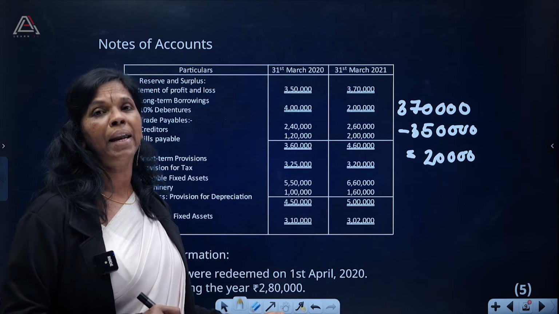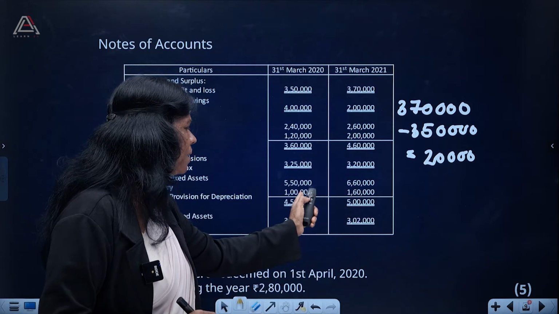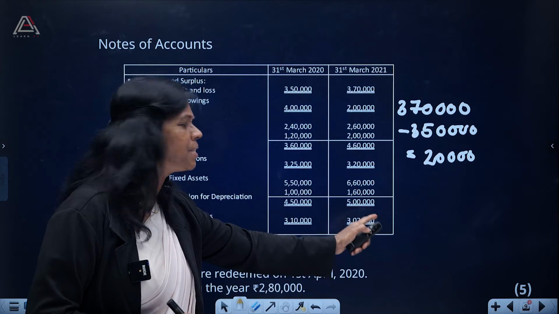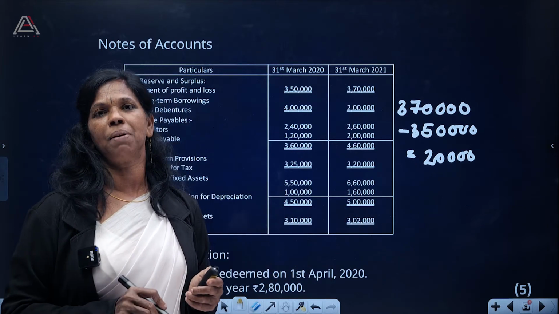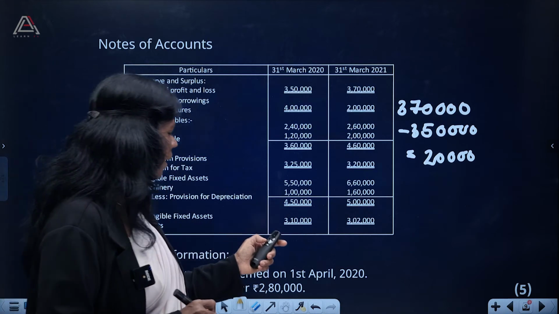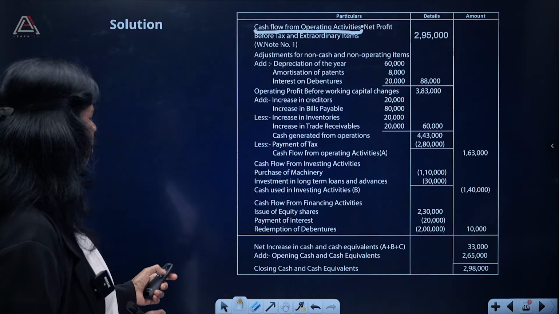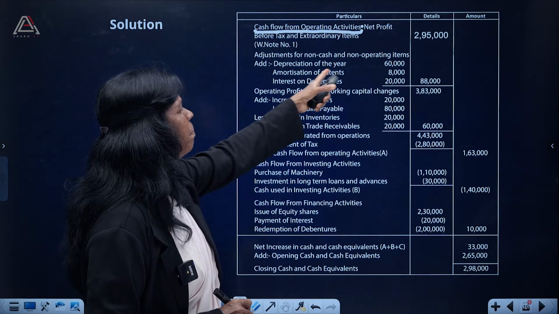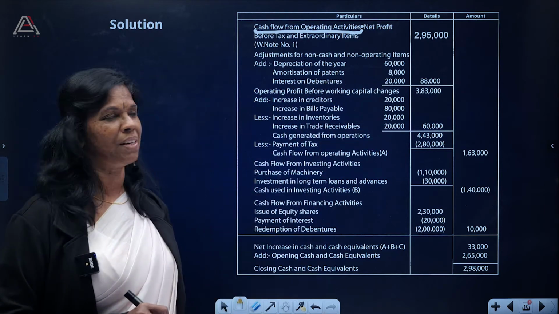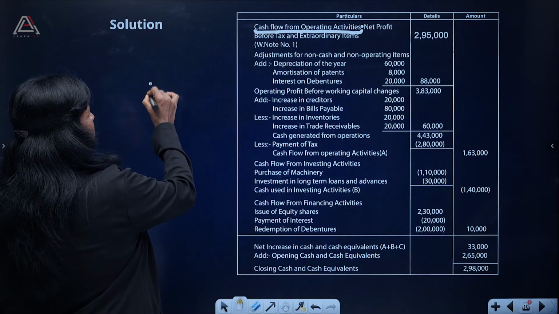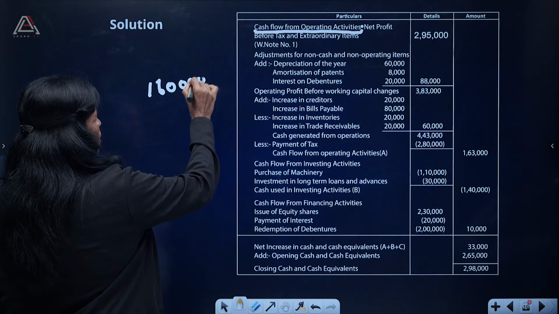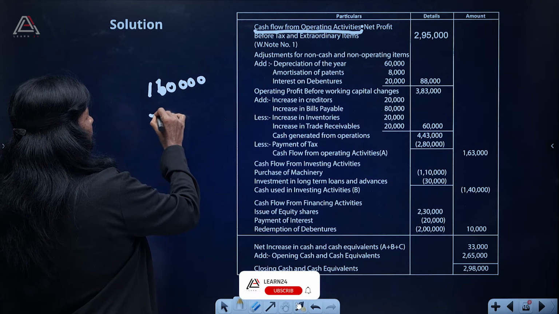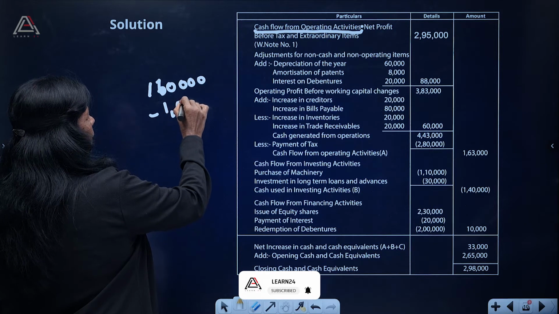If we draw an account, we enter the opening balance on the credit side and the closing balance on the debit side, so we get a balance of 60,000. That is the depreciation of the year, 60,000, that is 1,60,000 minus 1,00,000.